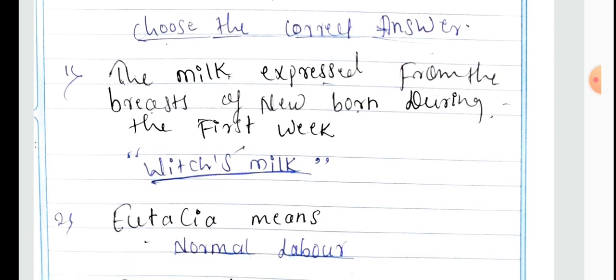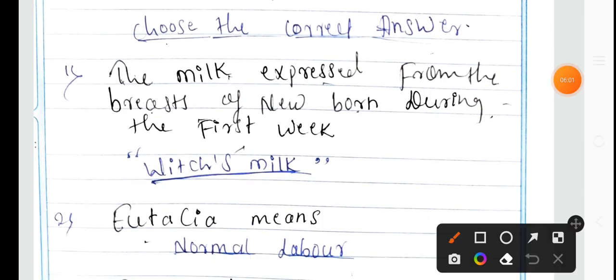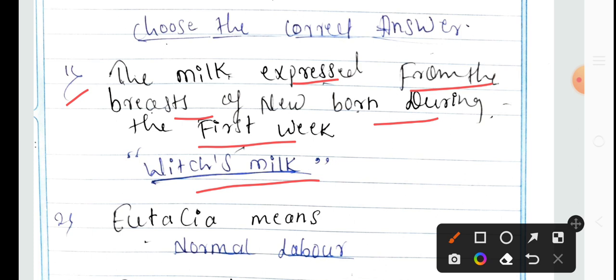Next is choose the correct answer. The first question is, the milk expressed from the breast of the newborn during the first week is which milk? Sometimes you may feel confused here. In the choices, they will give colostrum also. But colostrum is the mother's milk, not the newborn's milk.